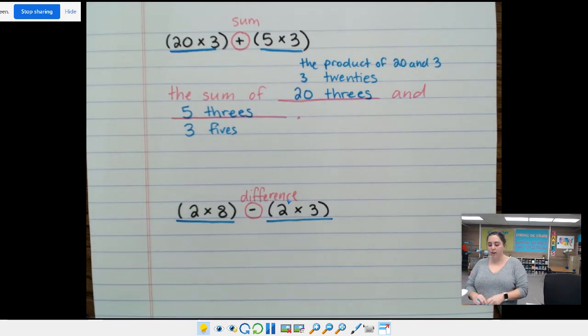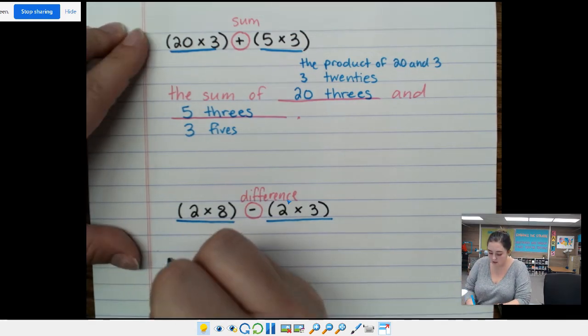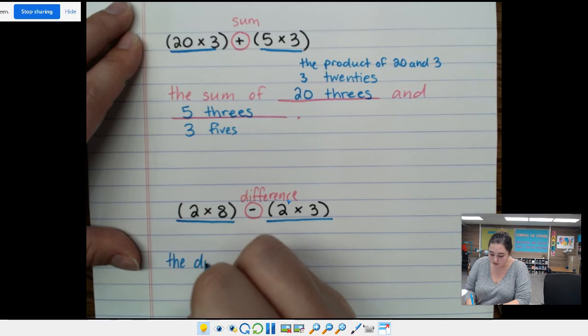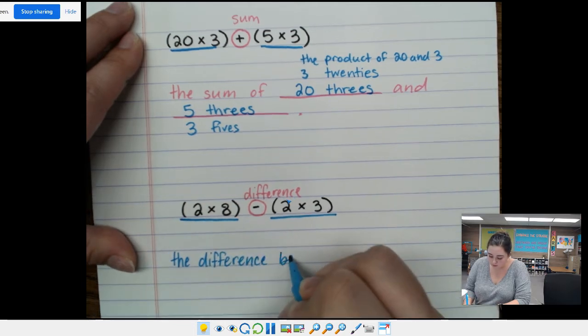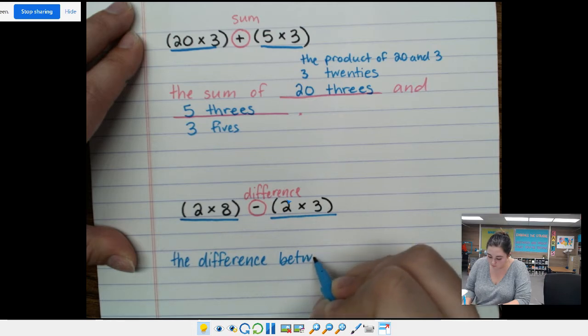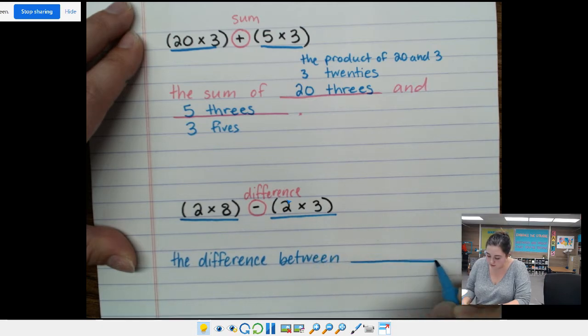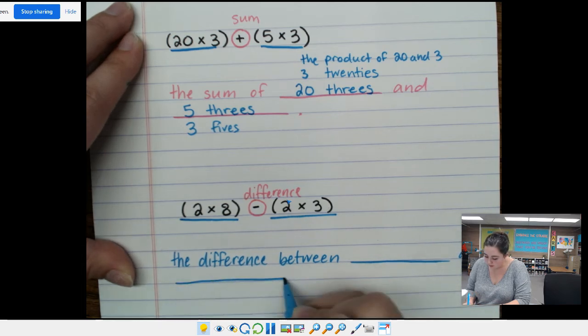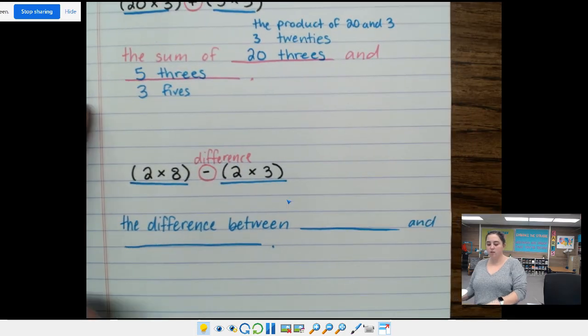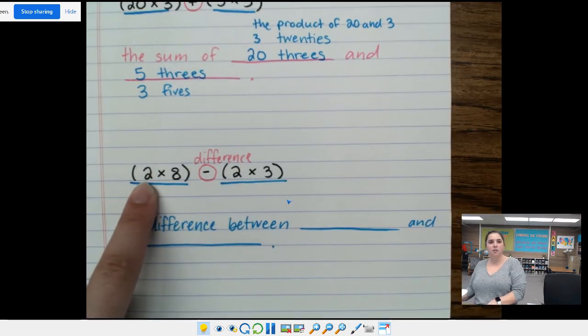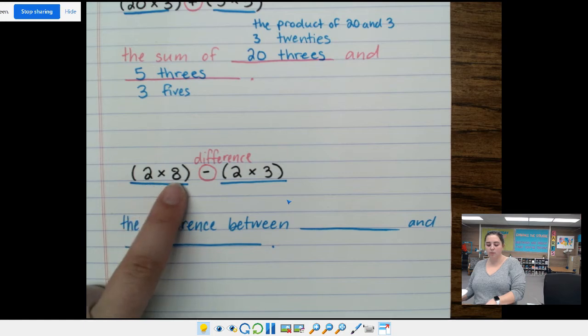So if I was to start writing this, I'd say this is the difference between blank and blank. How could we fill in these blanks? The first thing we are subtracting is 2 times 8.